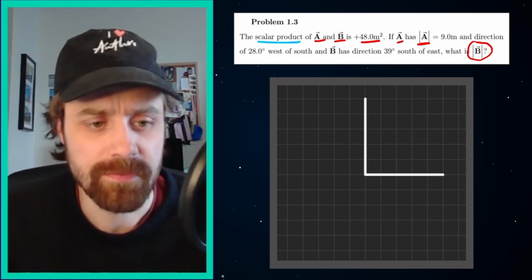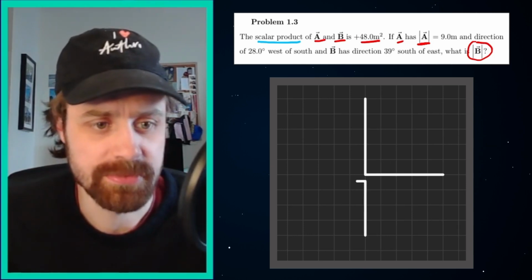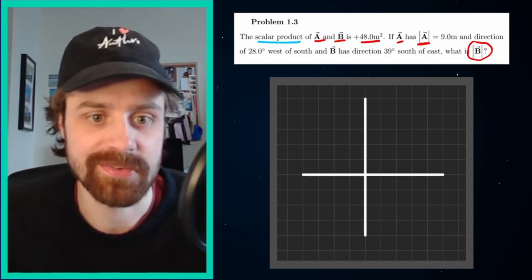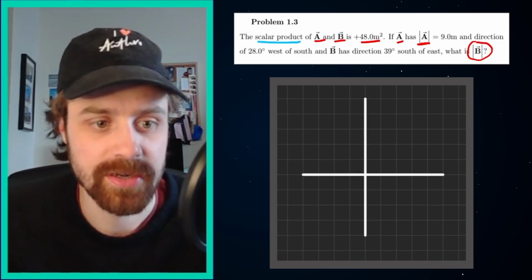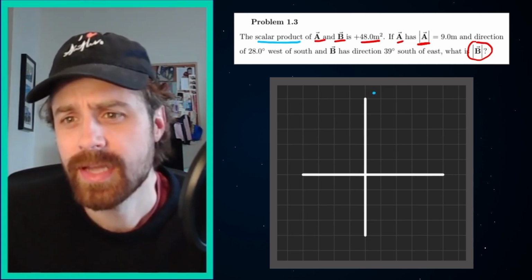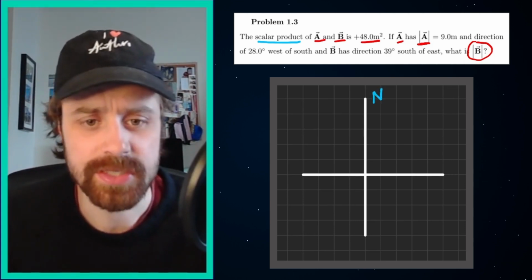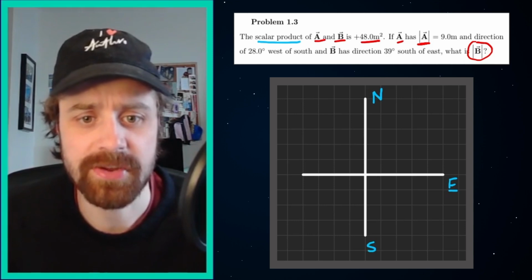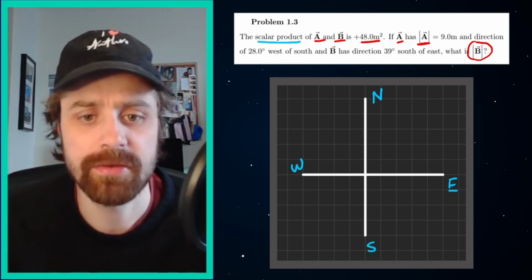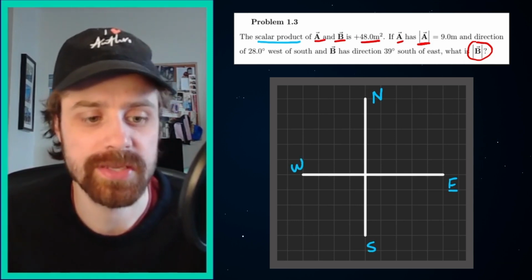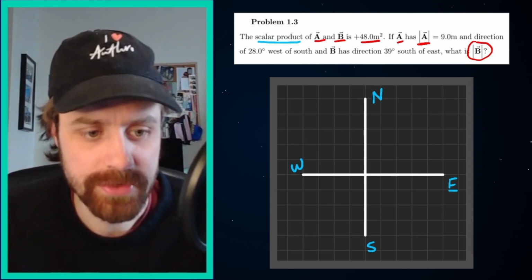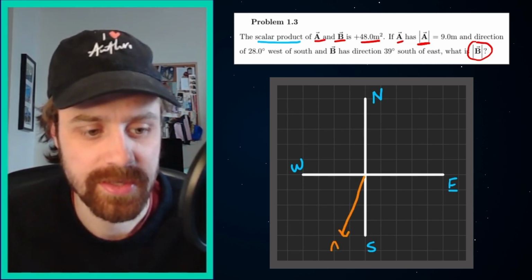Because they're talking about things in terms of west of south and south of east, we'll draw our coordinate system here. And so to draw out this picture, we'll draw out these vectors. Vector A has magnitude of 9 meters and a direction of 28 degrees west of south. I'm just kind of guessing here, it's going to look something like this. That's our vector A. A little angle there.